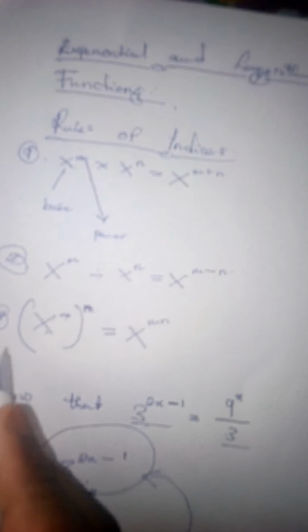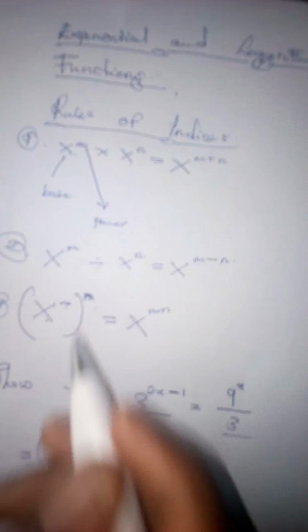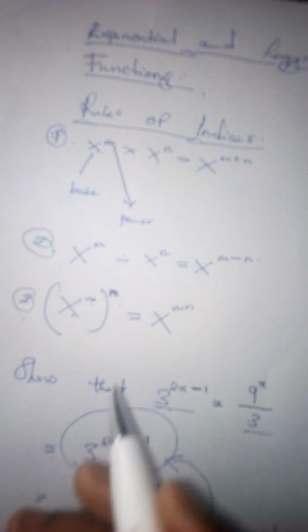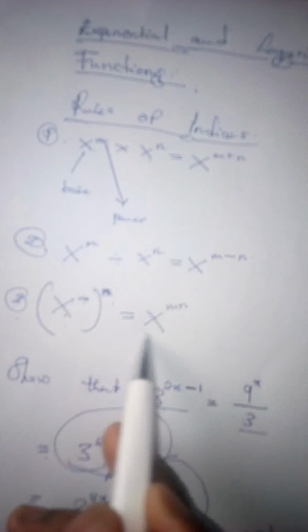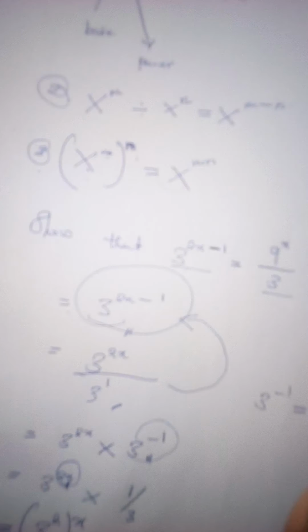I've just used law 3, which says if I have an exponential function which is raised to a certain number, then the outcome is the same base, multiplying the indices.